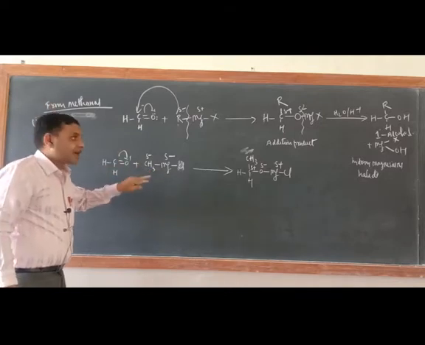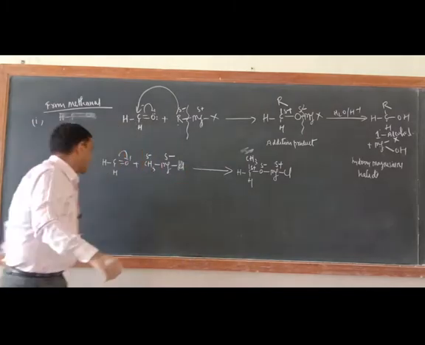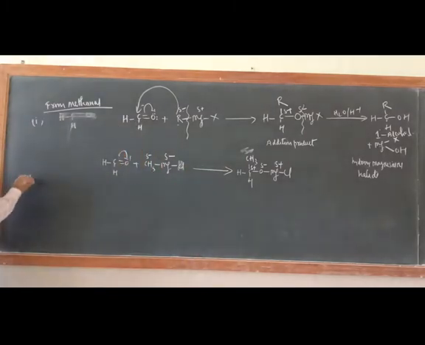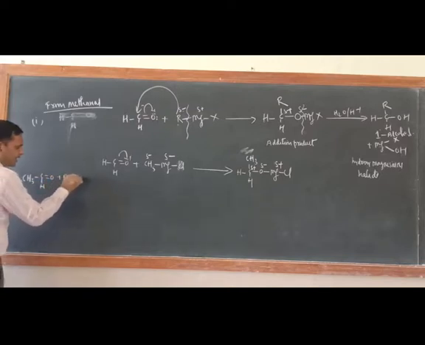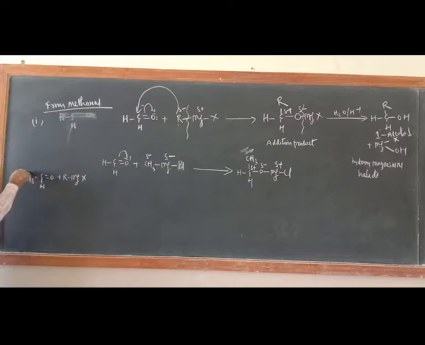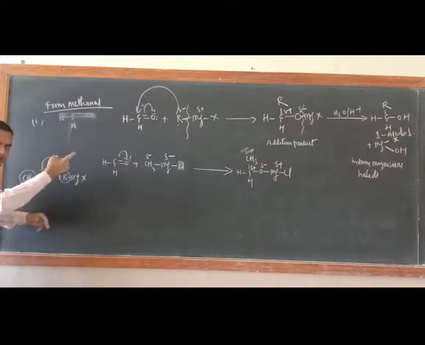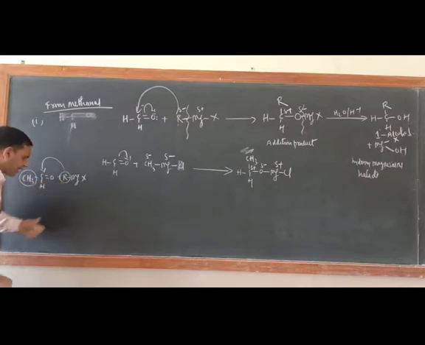Now in acetaldehyde, CH3CHO, one alkyl group is already there, and the other alkyl group is furnished by the Grignard reagent. That is why 2 degree alcohol is formed when acetaldehyde reacts with Grignard reagent.